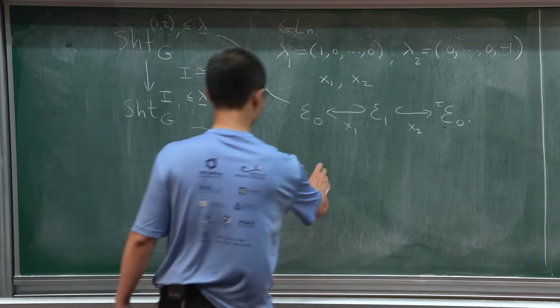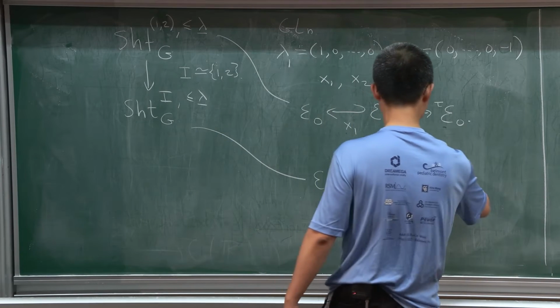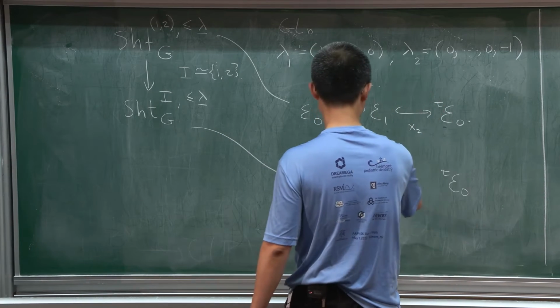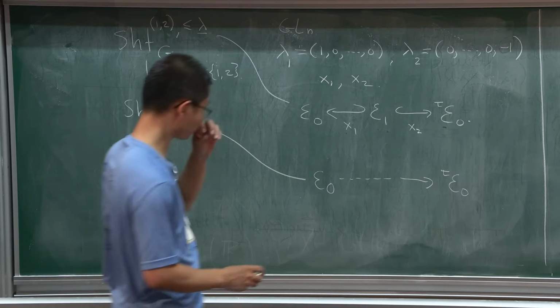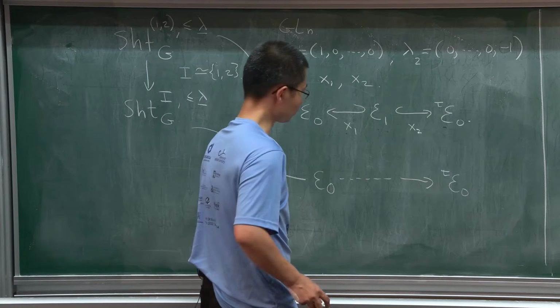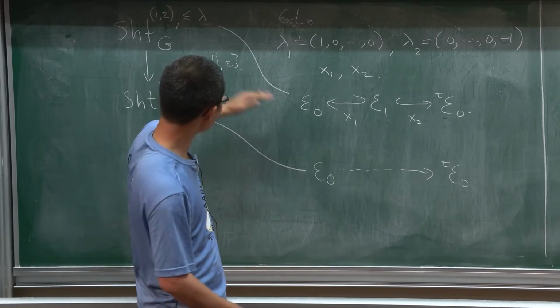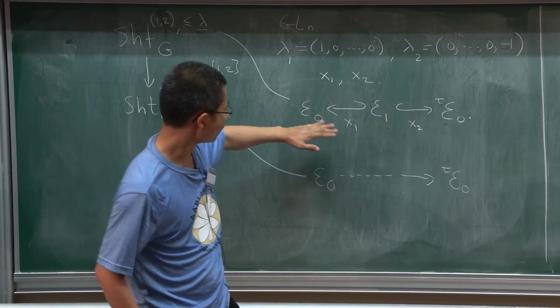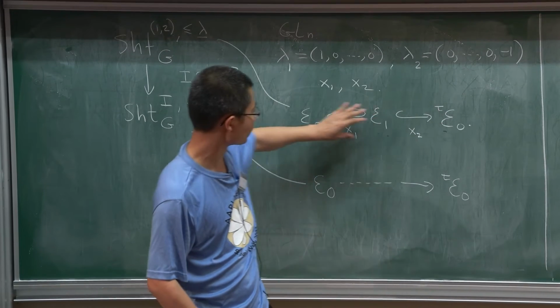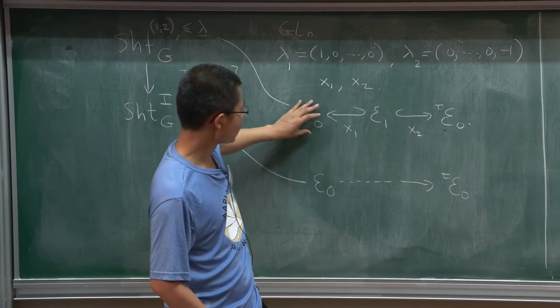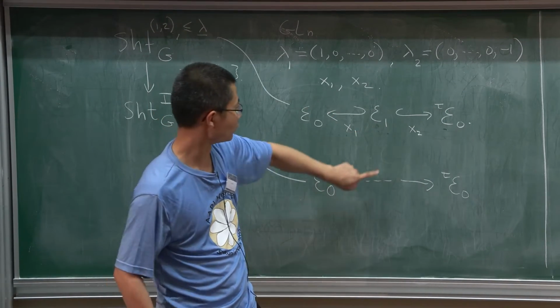And in the non-iterated version, we don't have the middle guy. We just have a rational map. And this rational map has some conditions. So we only define it as the image of whatever can be obtained from this data by forgetting E1. Okay?